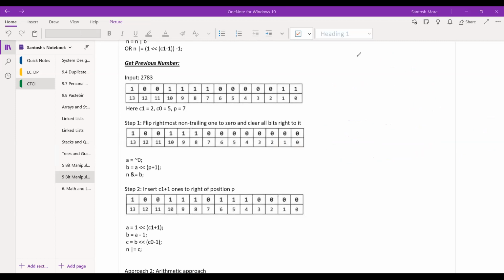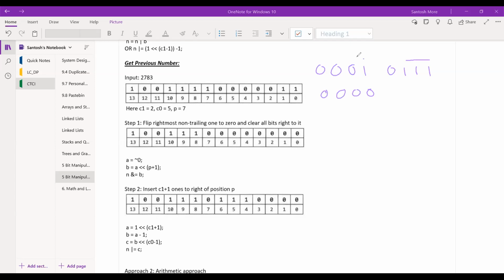Let me do it again. If I have 0, 0, and then 0, 1, and then all these 1, 1, 1, in this case I just set this one to 0. When I set this to 0, I already had these 3 ones with me and this one, so I had 4 bits.